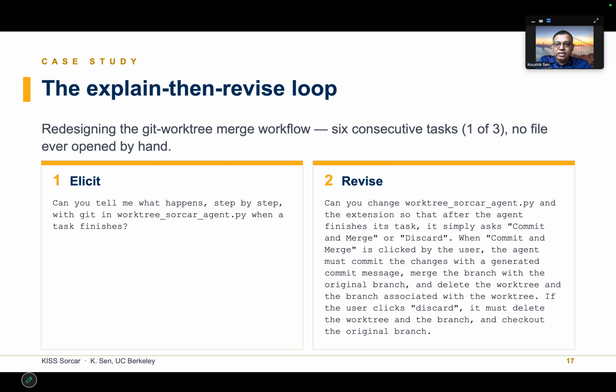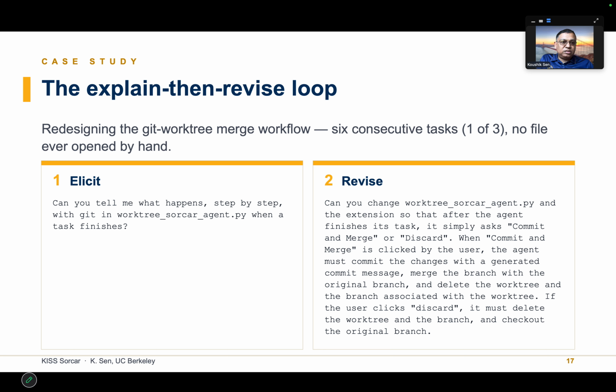So what I did is I first asked Sorcar to give me a detailed step-by-step description of how the worktree Sorcar agent works when a task finishes. And Sorcar actually showed me a detailed description of the workflow. I read it and then I noticed the issue and then I told Sorcar the following thing.